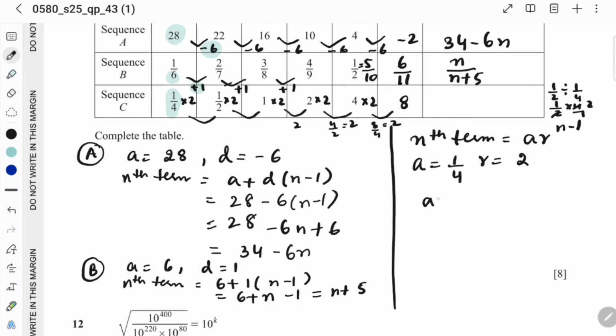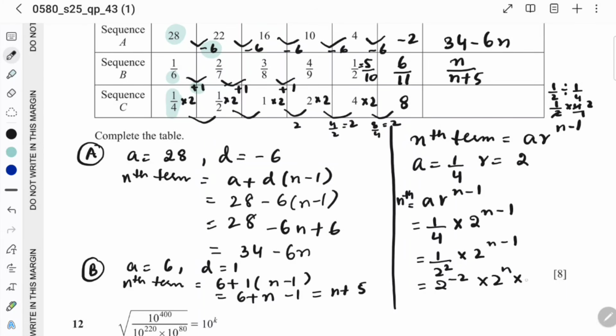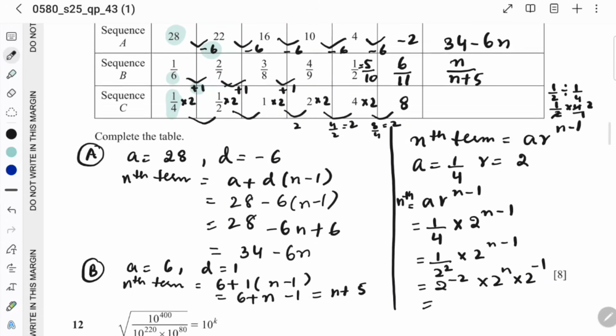So a r^(n minus 1) is the nth term. Okay, so quarter times 2^(n minus 1). You know that quarter is 1 upon 2 squared, that is 2 to the power minus 2, times 2^(n minus 1). I can write down 2 to the power n and minus 2 minus 1 just to summarize each and every number together. So 2 to the power n and minus 2 minus 1 is minus 3.